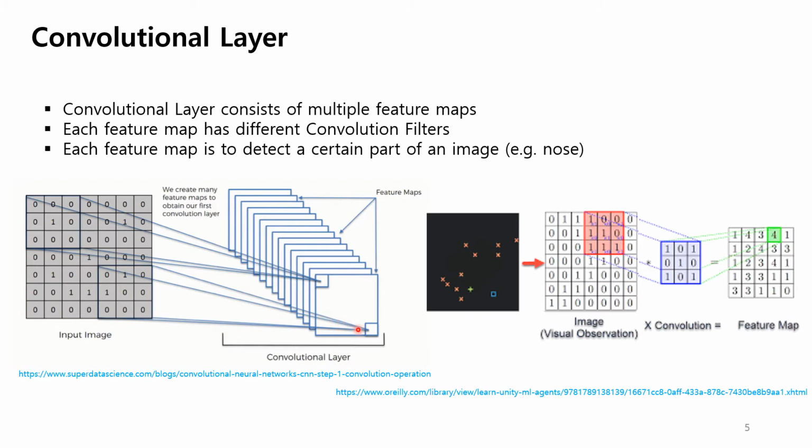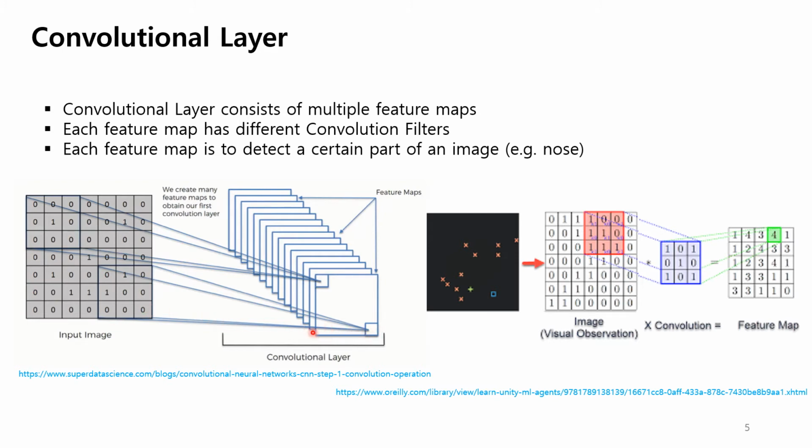And in a similar way, this node in the same feature map looks at this area of the input image and tries to find the horizontal line. That's how it works.